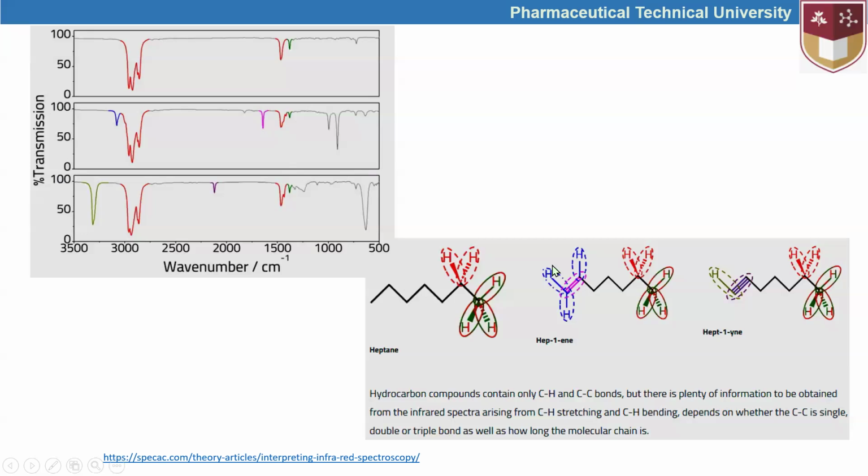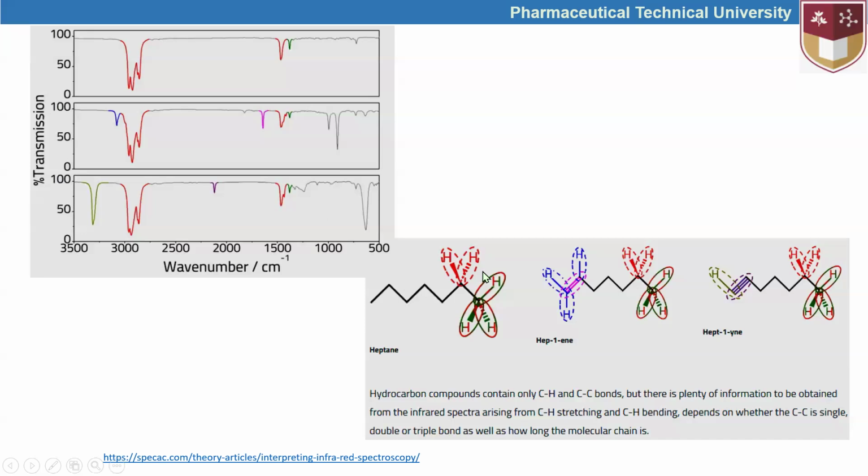And another point indicated here in blue color belongs to carbon-hydrogen interactions. This is different from this interaction or from this interaction. This interaction belongs to carbon-hydrogen that has carbon-carbon double bonds between the carbons.